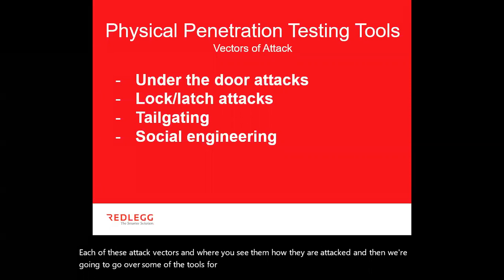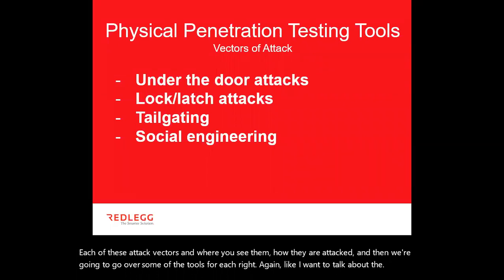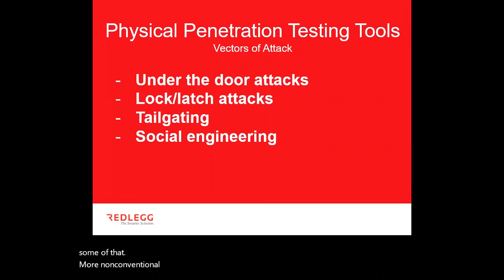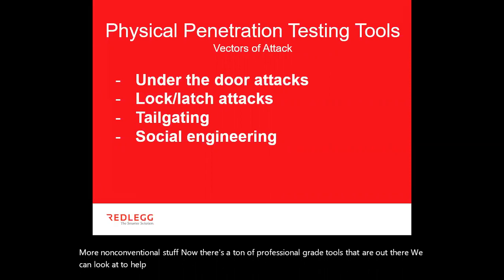I want to talk about those more professional grade tools, but we also are going to look into some of that more non-conventional stuff. Now, there's a ton of professional grade tools out there we can look at to help us in the field for some of these attacks.